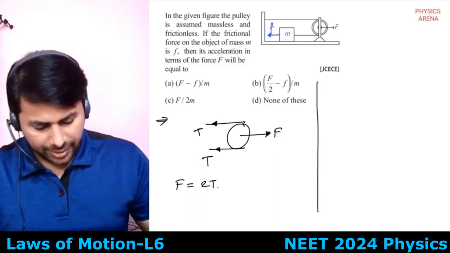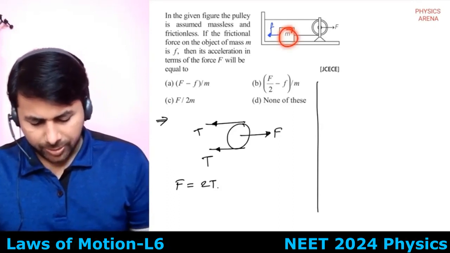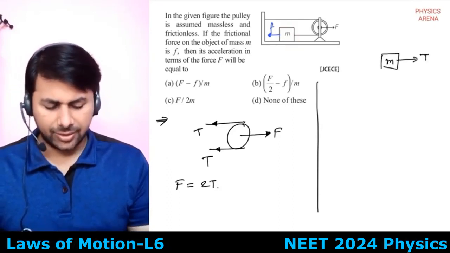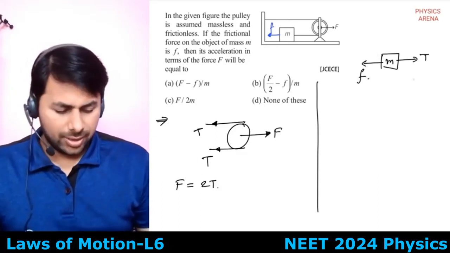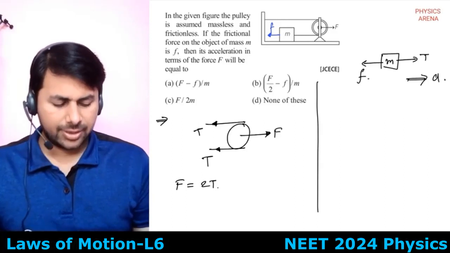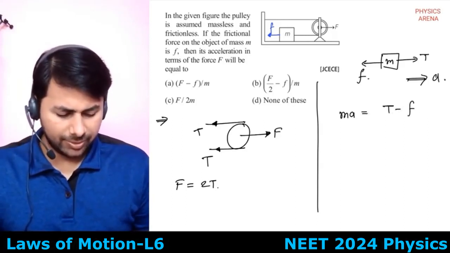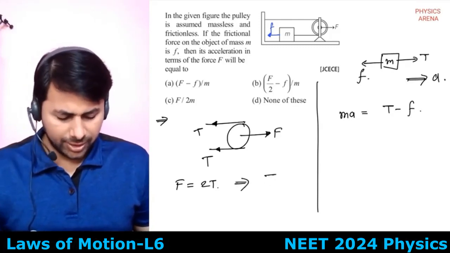Okay. Then after that, what about this mass? There is one tension T acting on this mass, and there is some frictional force f. So it gets accelerated, suppose in this direction. So I can say m into a is equal to T minus f. And how much will be T? F equals 2T, therefore T equals F by 2.